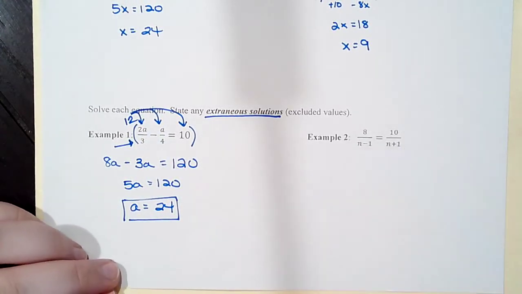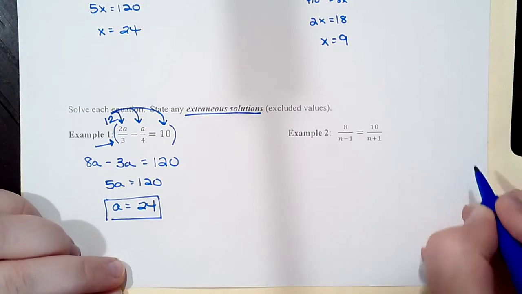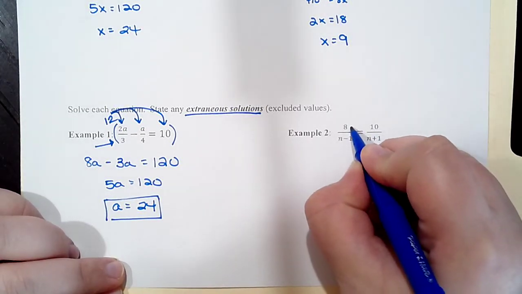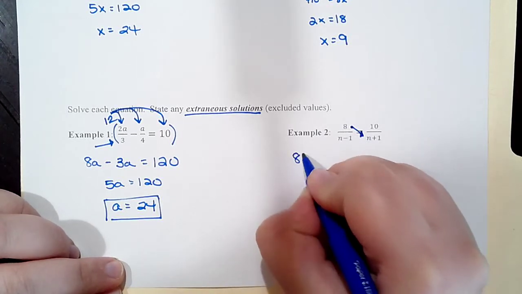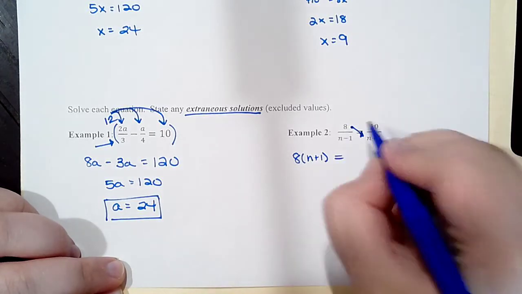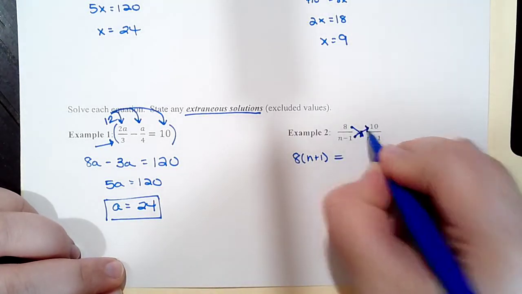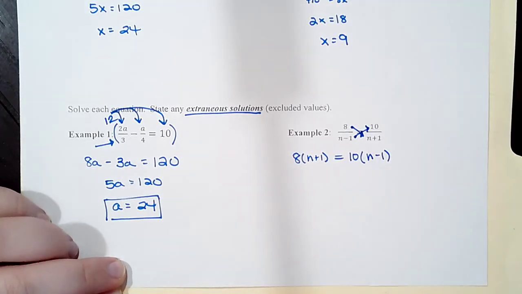What about when you have a fraction equal a fraction? We should remember from our earlier days the method of cross multiplication. Multiply top down, we get 8 times n plus 1. We set it equal, and then we multiply bottom up. 10 times n minus 1.